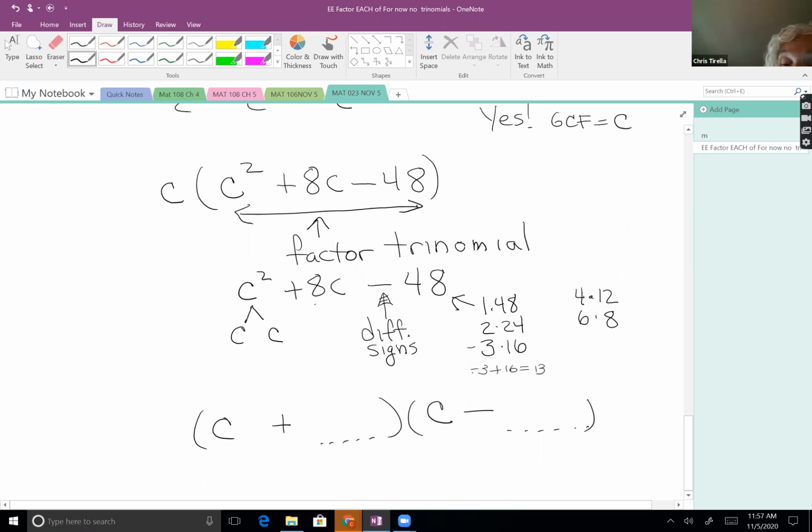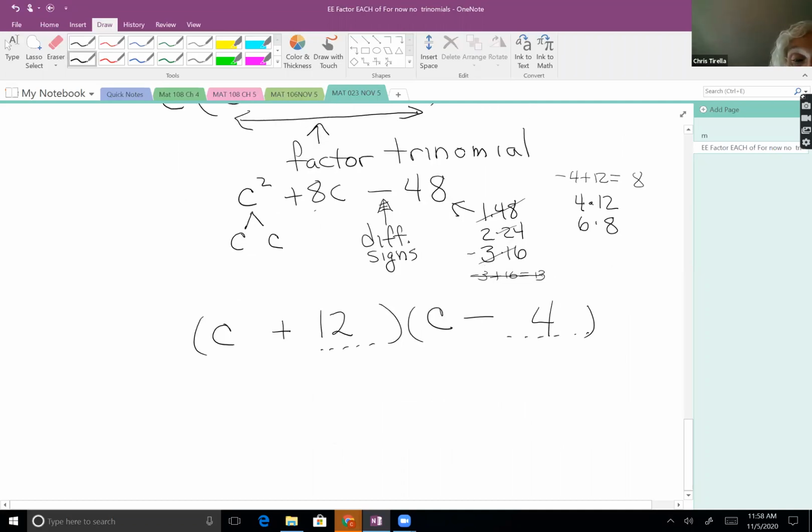No, not there. How about if I have negative 4 plus 12? What do I get? Doesn't that add to 8? Yep. So we'll have plus 12 minus 4.